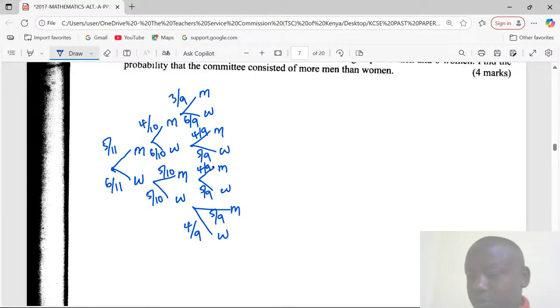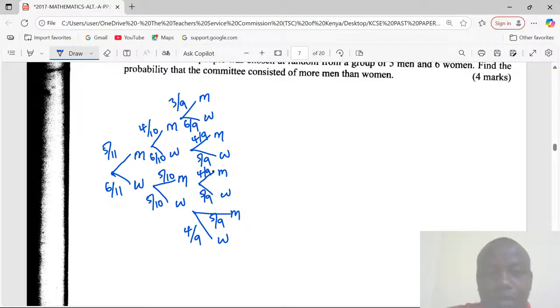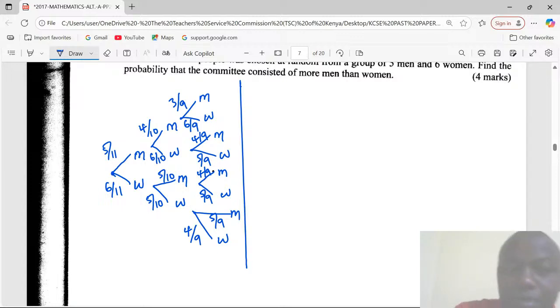That's it. So with this now, allow me to outline the probabilities at the end of this bracket. At the end of everything, we can outline the probabilities. In the first case, we are having man, man, man. Then at this point, we have man, man, woman. Then man, woman, man.